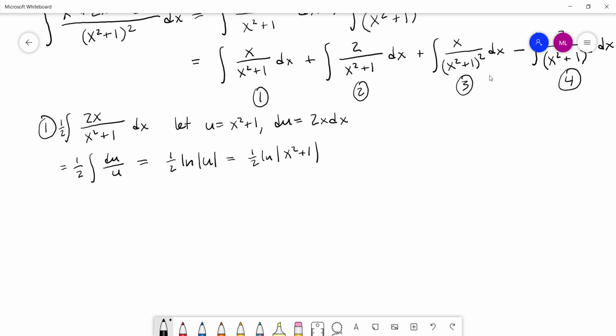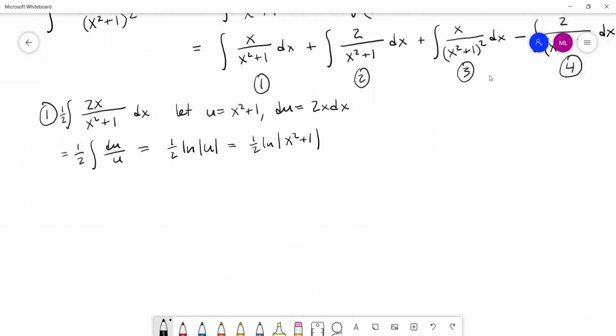Okay, one integral down. Second integral, we just said if I pull that 2 out in front, this is the integral 1 over x squared plus 1 dx. We just did that in the previous example.